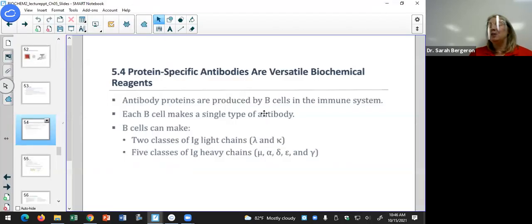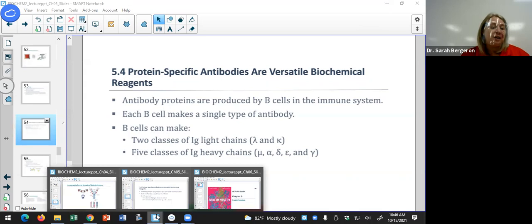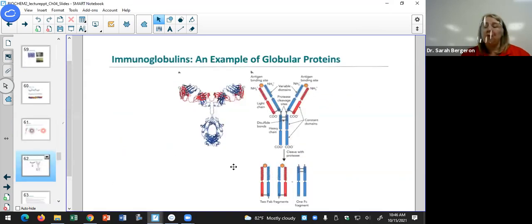Okay. So we have been talking about protein purification methods, right? One particular type of protein that we use in biochemistry so much are called antibodies, and we talked about antibodies in chapter 4.